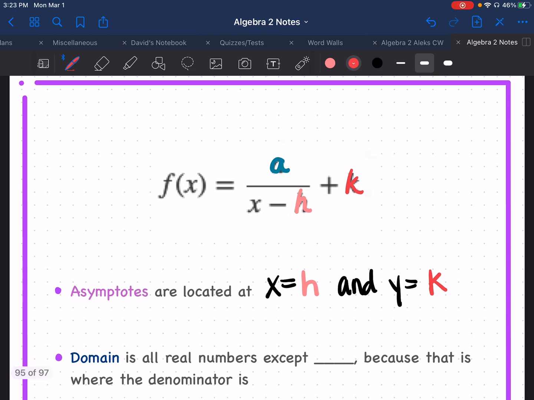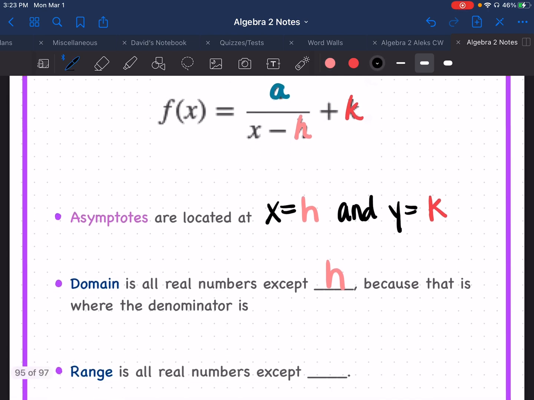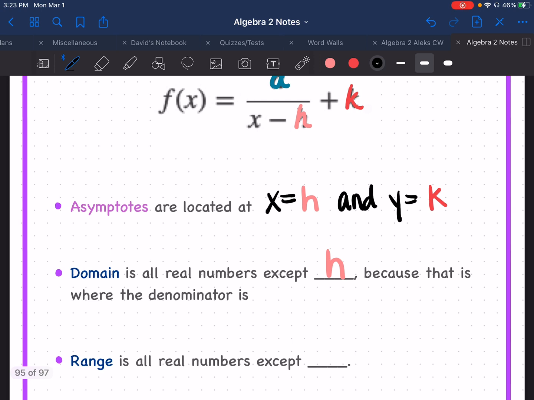My domain is going to be all real numbers except h, because this is where my denominator is equal to 0.